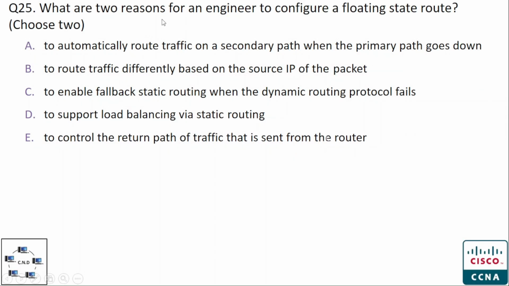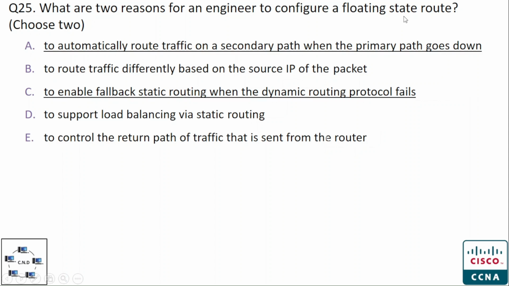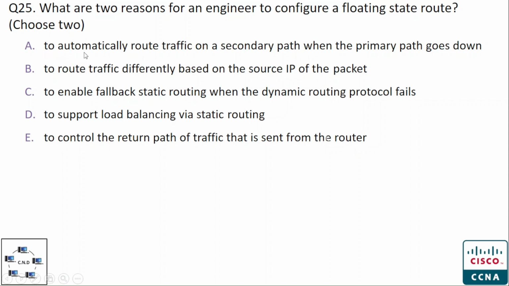Question number 25. What are two reasons for an engineer to configure a floating static route? Choose two options. Option A, to automatically route traffic on a secondary path when the primary path goes down.